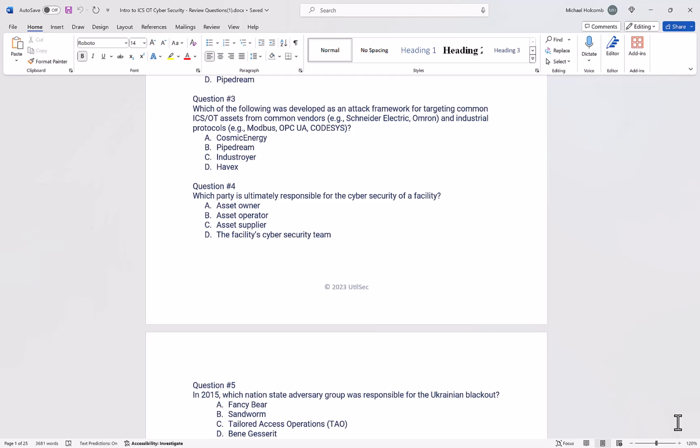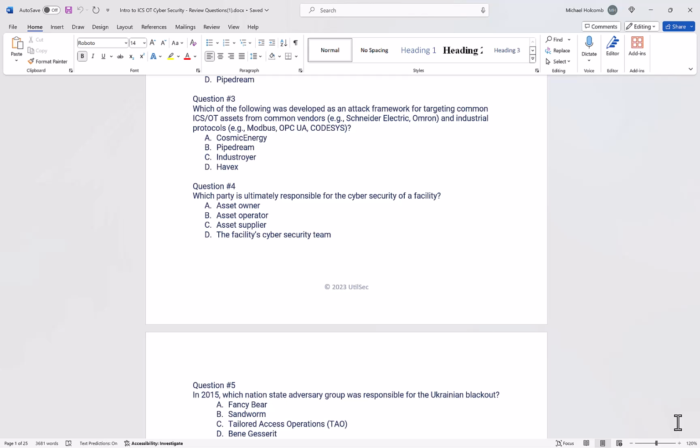And this is one that gets highlighted very frequently, especially by Rob Lee over at Dragos and in the Dragos Year in Review report. So hopefully everybody is reading that, because that should be mandatory reading if you're in ICS OT cybersecurity. When we talk about that attack framework, I like to think of it kind of as Metasploit for ICS or OT. And I haven't seen it, it's closely guarded.